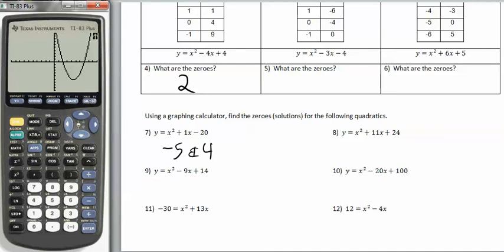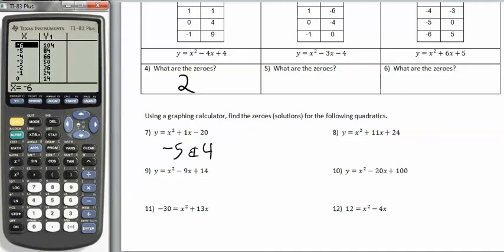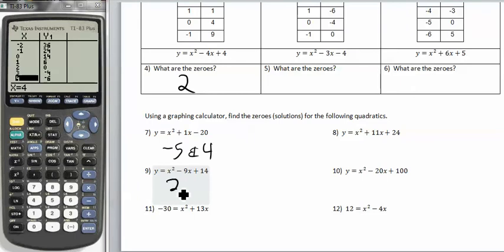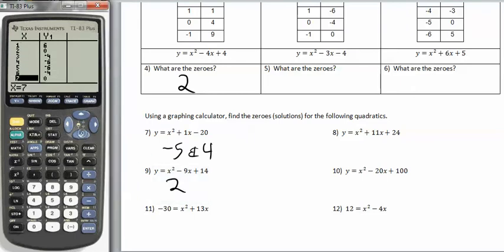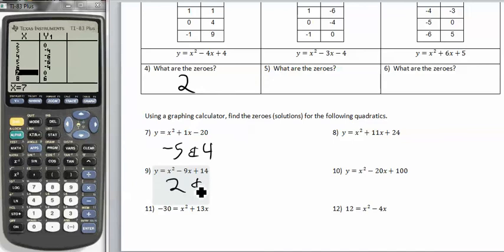Check on the table if that's exactly what it is. So we're looking for when y is 0, so 2 and 7. So it was what it looked like. Good. We'll go ahead and show you the other method again because that's going to come in handy later on.